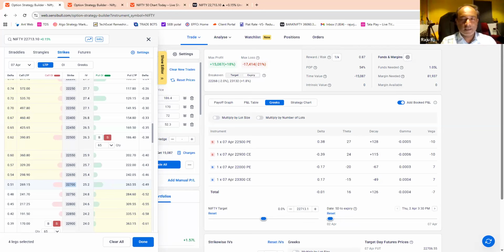Prop trading is completely different. If you are a prop trader, you will be having the funds of proprietary trading firms, and you can trade with them. If you become an expert, if you know all these strategies and you are consistently profitable, you can join any of the prop funds. They will give you funds, you make money, and you get your rewards.